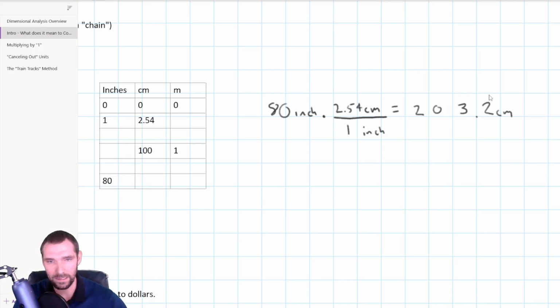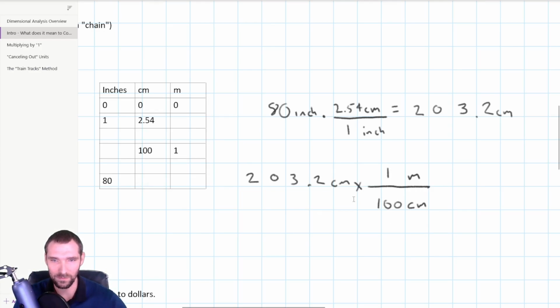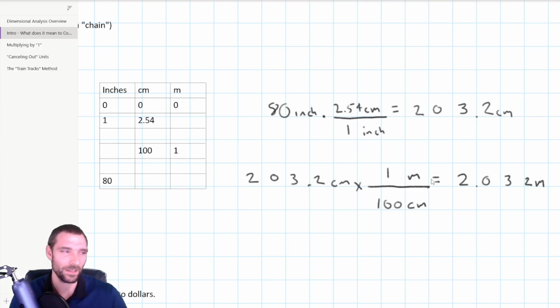And then you can convert that to meters, so you've got your centimeters to meters. And in 1 meter, you've got 100 centimeters. So that's just a simple division problem. This should end up being 2.032 meters, which makes sense. I'm a little bit taller than 2 meters, by the way.